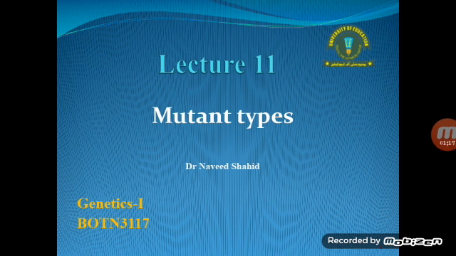Mutants are different with reference to their types as compared to the wild type.